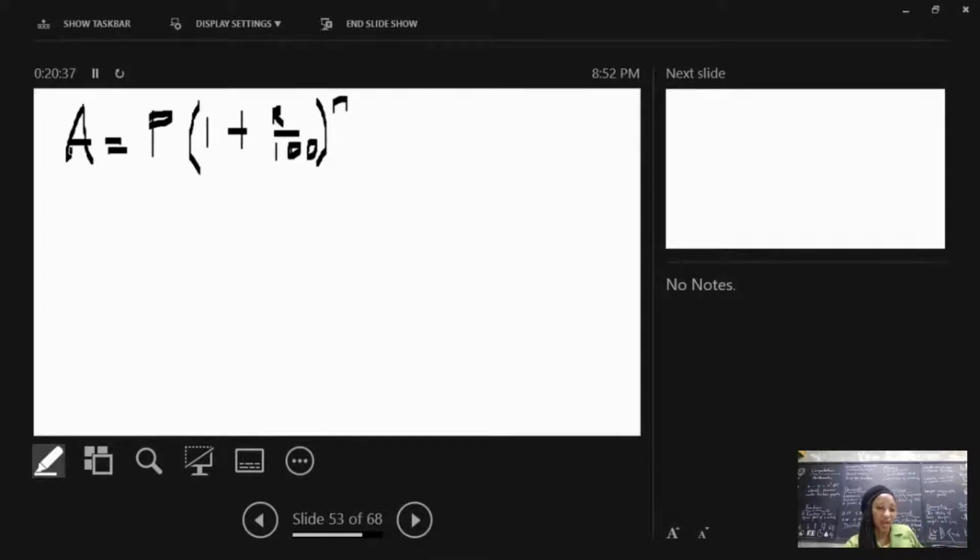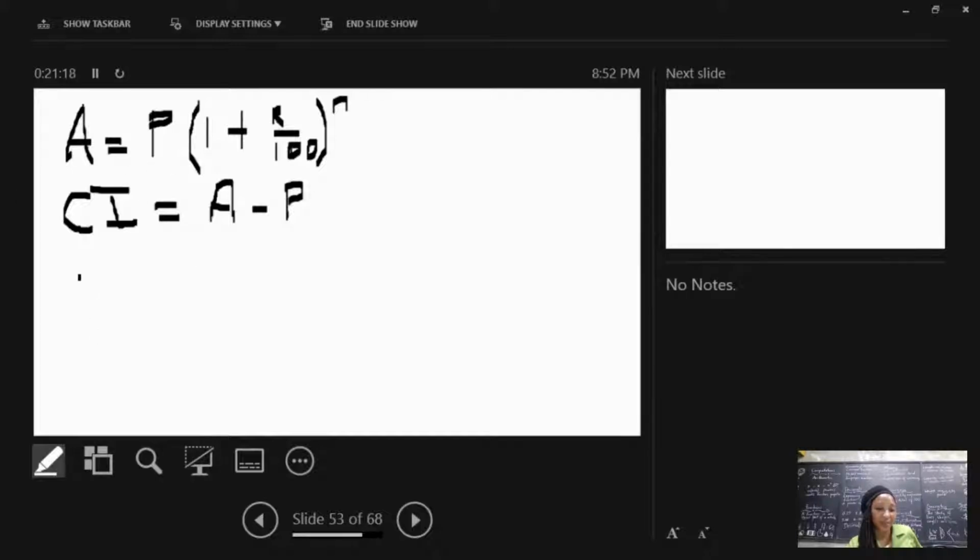So A, the amount accruing, is P, the principal that you're investing, times 1 plus the rate over 100, raised to the power of the number of years. So remember, as I told you, it's more like a power, it's exponential. And the compound interest would be the amount minus the principal, to see the actual compound interest, right?